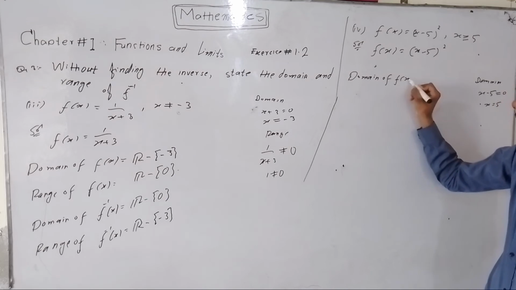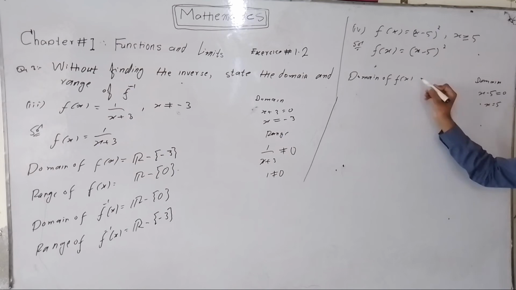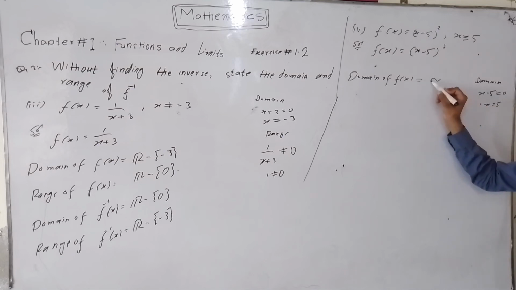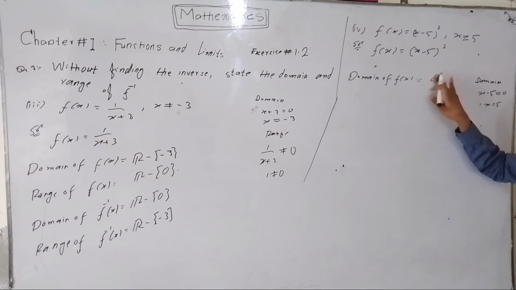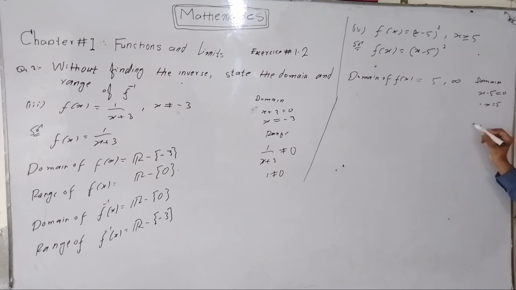So domain of f of x, given function in terms of f of x, is 5 to infinity. Graphical representation of this is 5 to infinity.